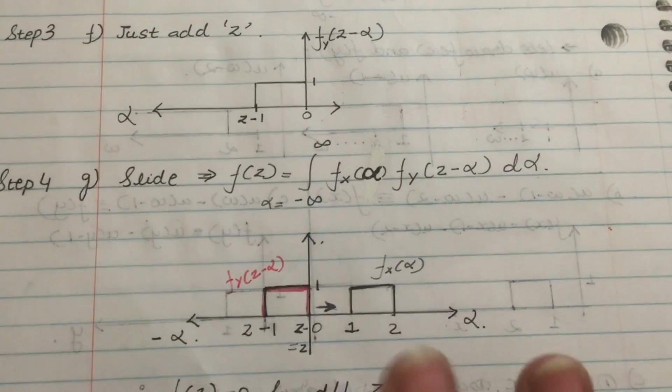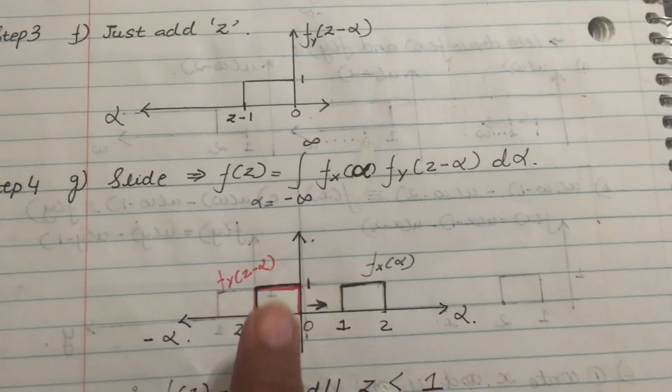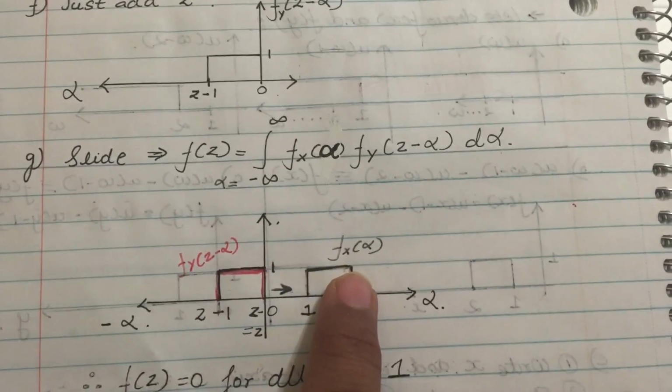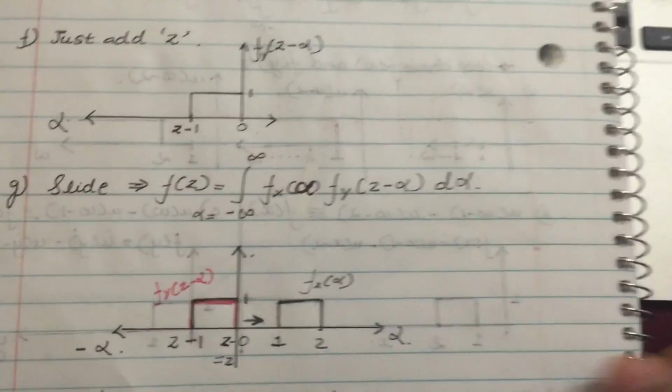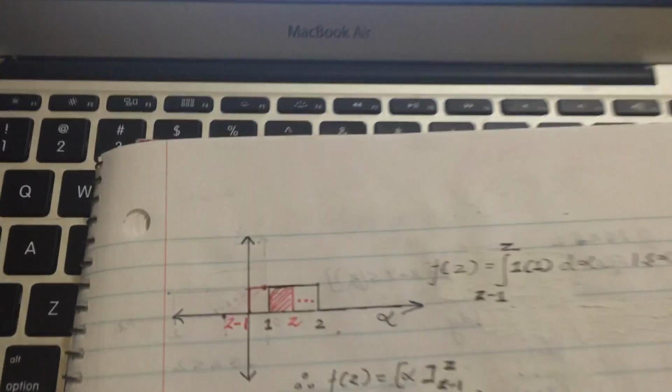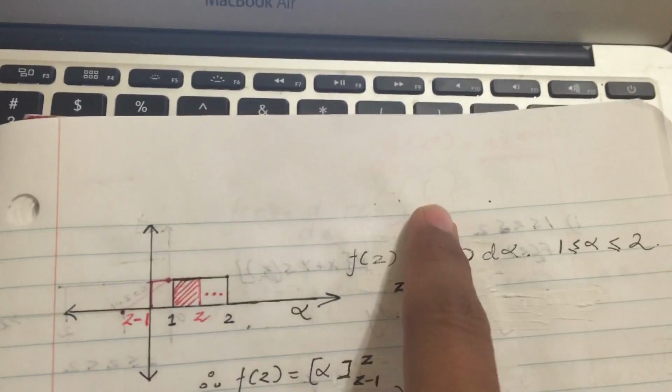And then if we were to do it diagrammatically, this shifted block would keep moving towards f of x of alpha until they reach each other. You would go on plotting something like this and find the limits and therefore find the answer.